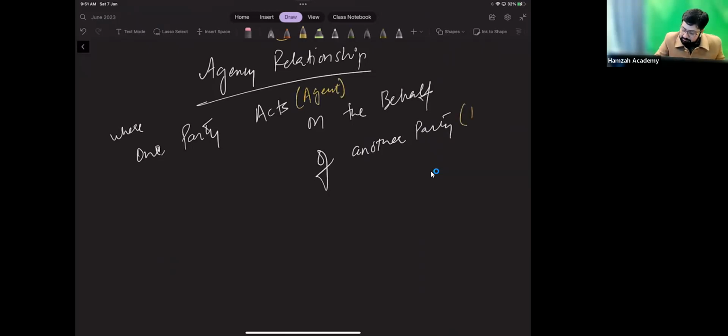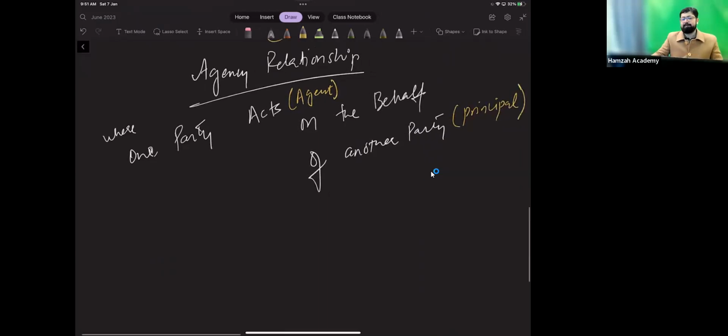The other party is called principal. So agents act on the behalf of principal.